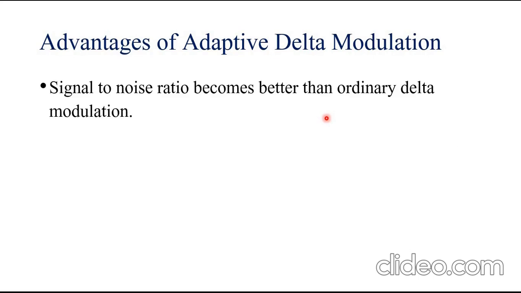Number 1, the signal to noise ratio becomes better than ordinary delta modulation because of the reduction in slope overload distortion and granular noise.